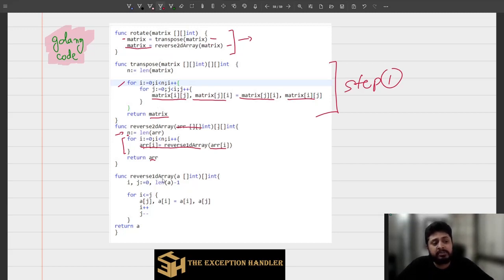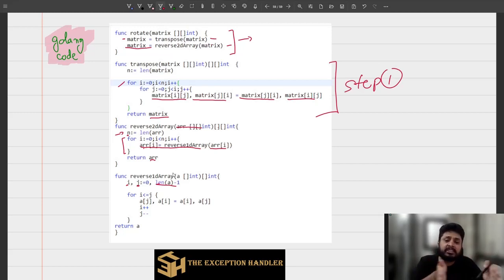But if you see the reverse of the 1D array, practically i would start from 0 and j would start from the last element of my array, and my last element and my first element are swapped. Then I'll increase my i value by 1 and decrease my j value by 1, so now these two values are swapped.